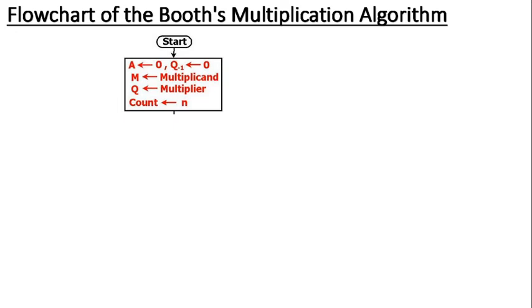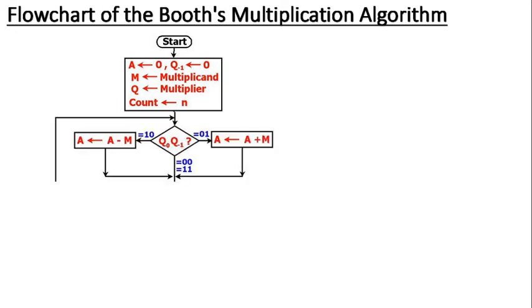Now the actions. Now here the most important part of this Booth's algorithm is Q0 and Q minus 1. What are those two bits? In every iteration, before we start the actual action of that iteration, the Q0, Q minus 1 bits are tested. So here is that decision box.